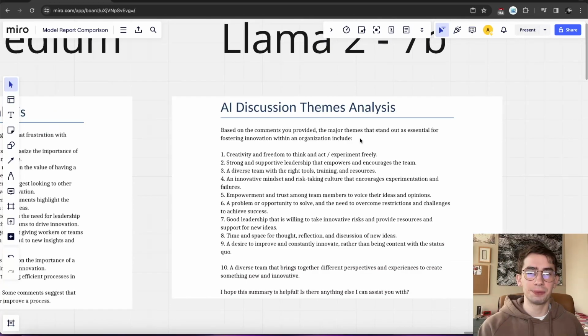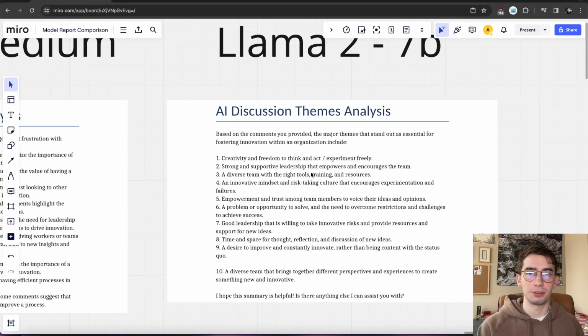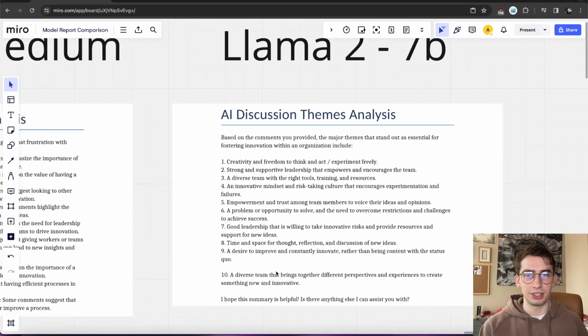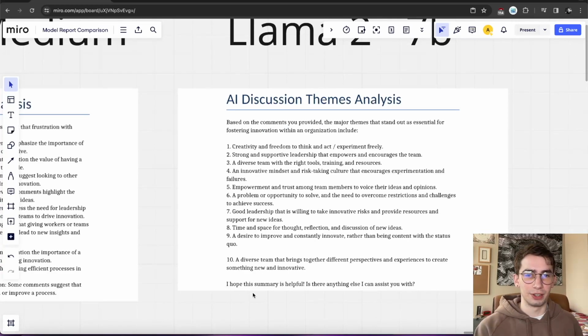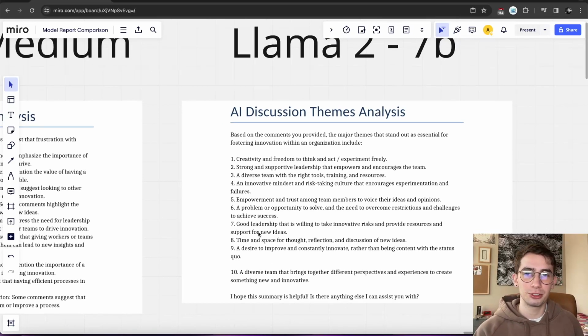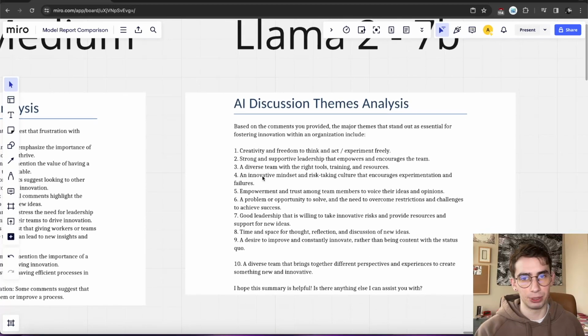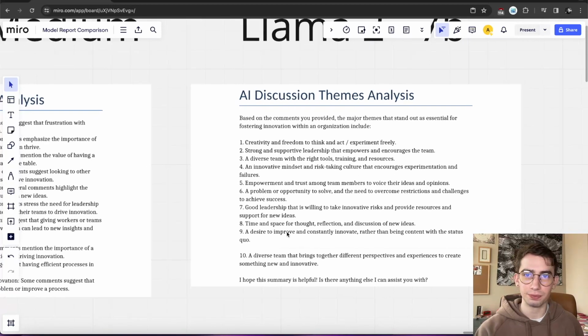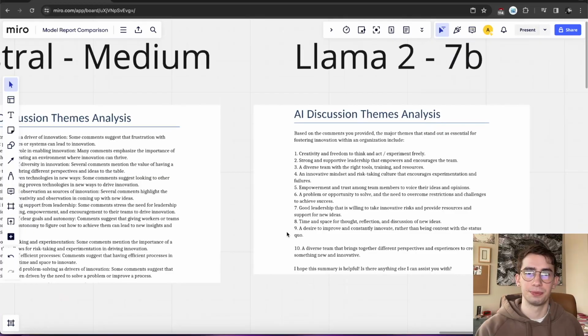But it did get to some things like strong and supportive leadership, diverse team, innovative mindset, desire to improve, things like that. But it did also ask me follow-up questions when I was pinging it, which wasn't exactly what I was looking for, but still it was able to pull some pretty decent one-liners here from the actual themes.